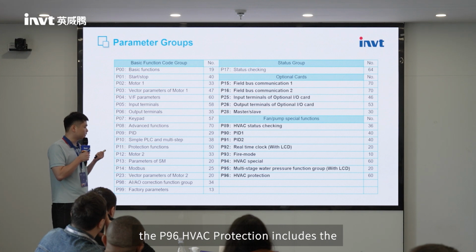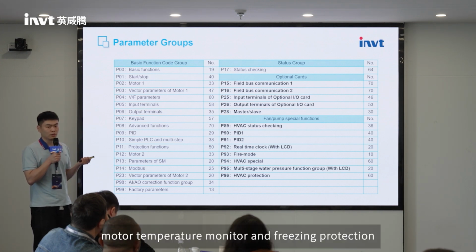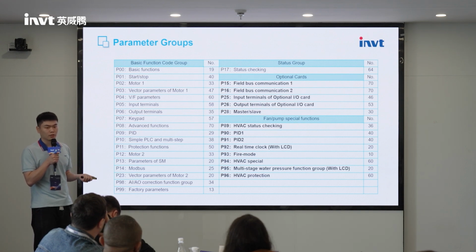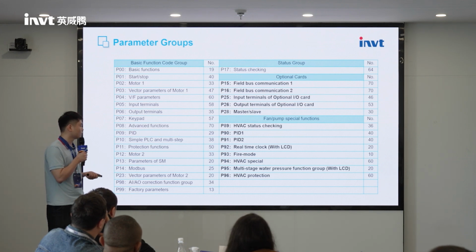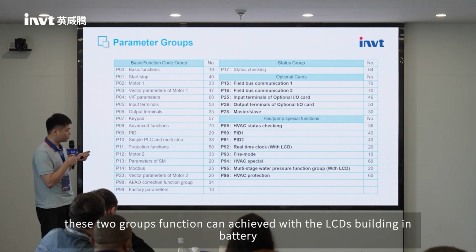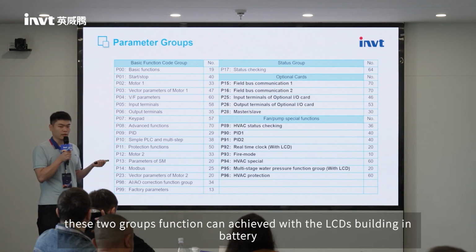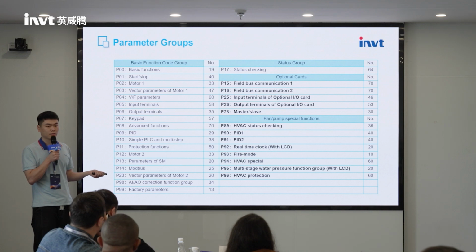The P96 HVAC protection includes the motor temperature monitor, the freezing protection and the paper breaking protection. The P92 and P95, these 2 groups of functions are for the LCDs with the built-in battery.